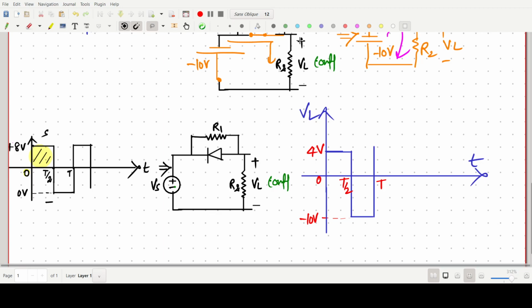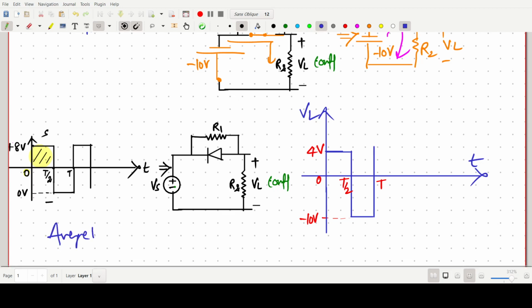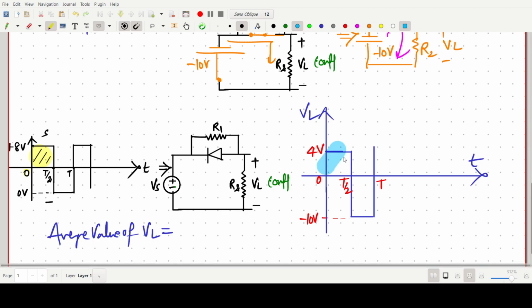Now we have to find the average value of VL. For the average value of VL, what we have to do is take the area enclosed, the area under this shaded region, divided by the period of the output.